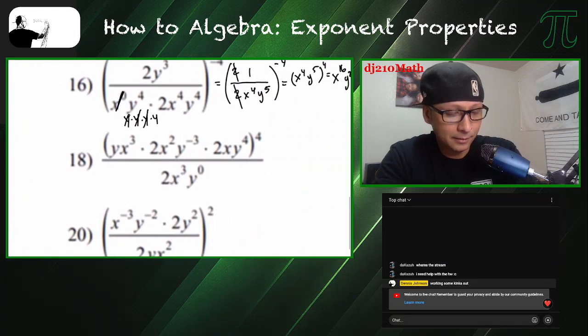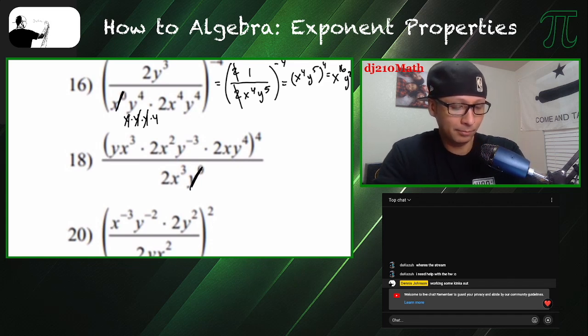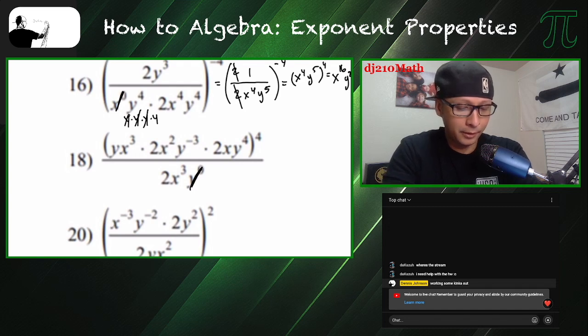All right, 18. All right, what jumps out first? The 0. That's going to go away. We can simplify the numerator because there's x's and y's everywhere. So we have y to the 1, y to the negative 3, y to the 4th.